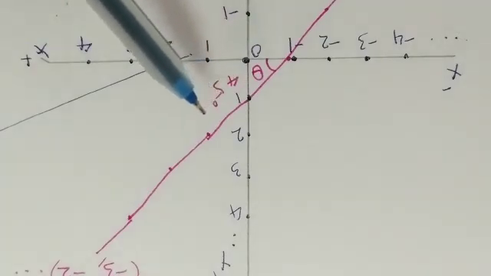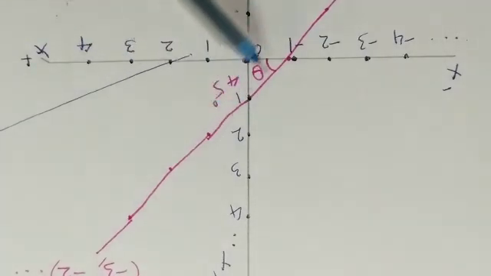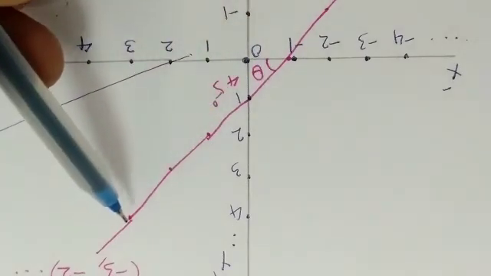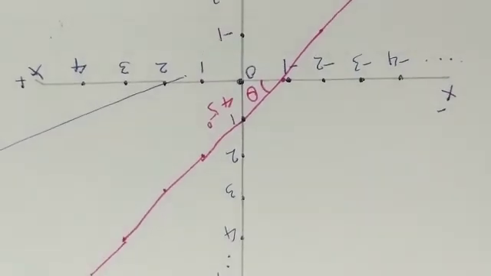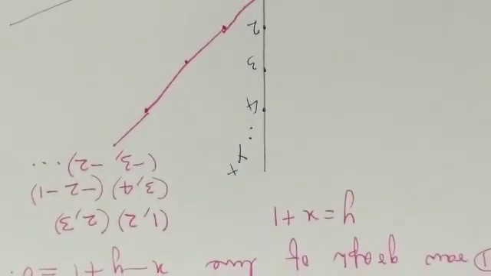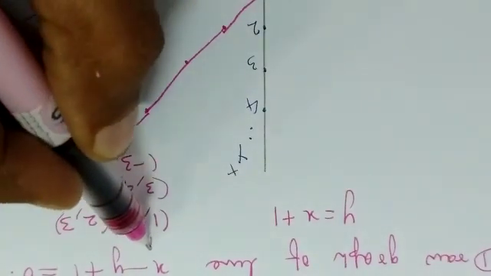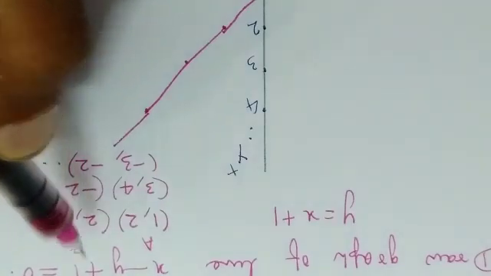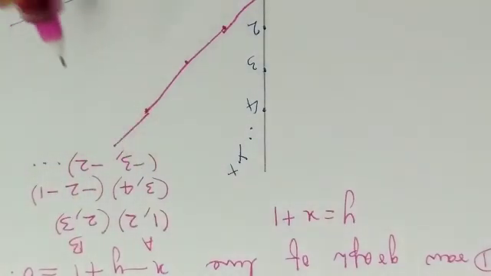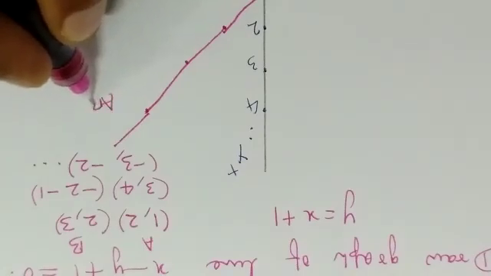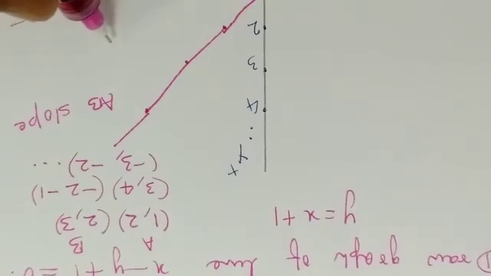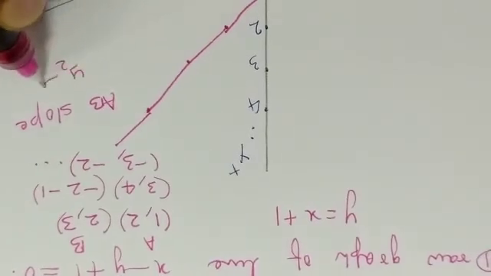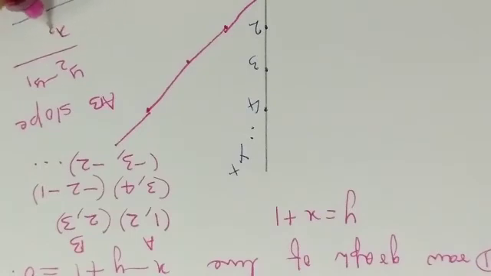Now we try to find the slope of this line. In our 10th standard, you know how to find slope. Suppose these are two points A, B. I am finding the slope of AB. What is the slope formula? y2 minus y1 by x2 minus x1.